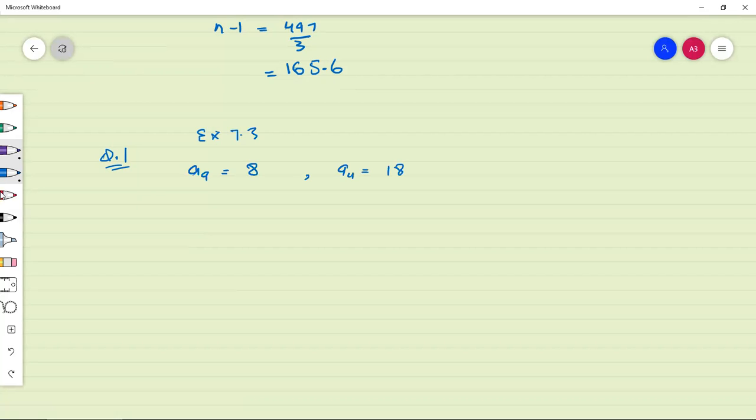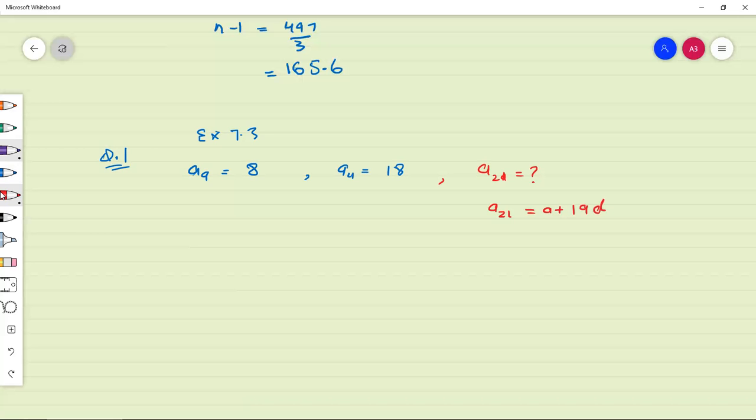Or I'm going to change this question a little bit. You have to find the 21st term. A21 is actually equal to A plus 20D.